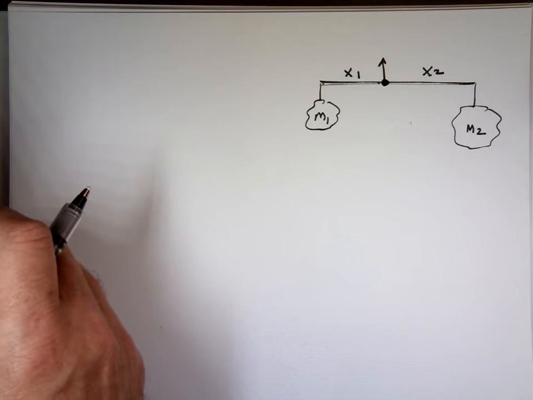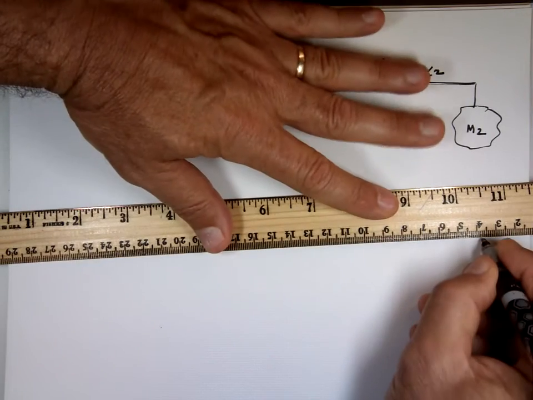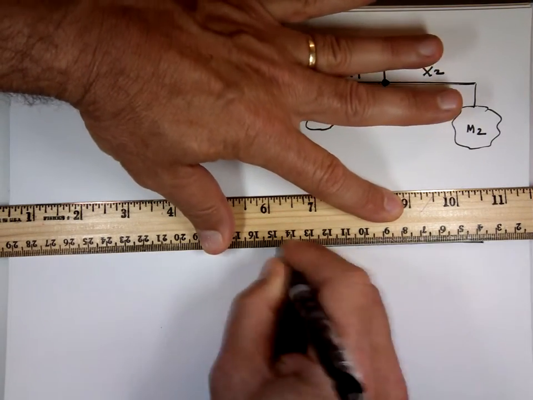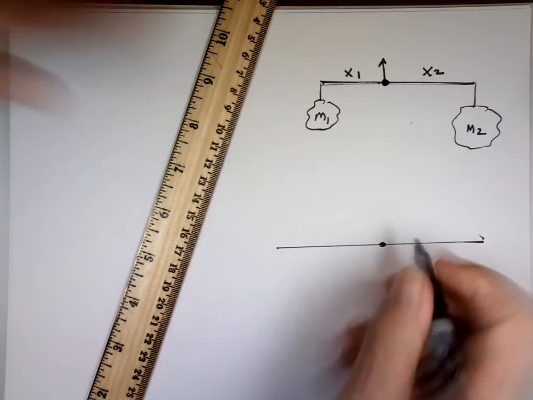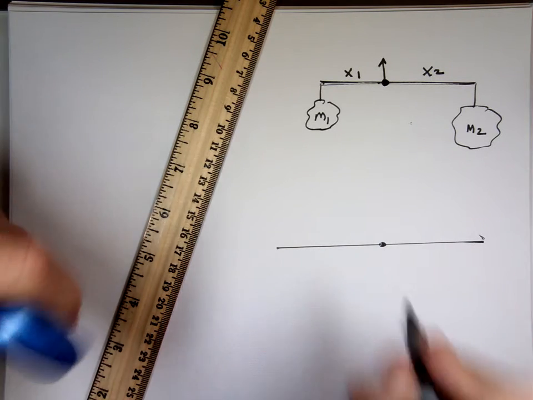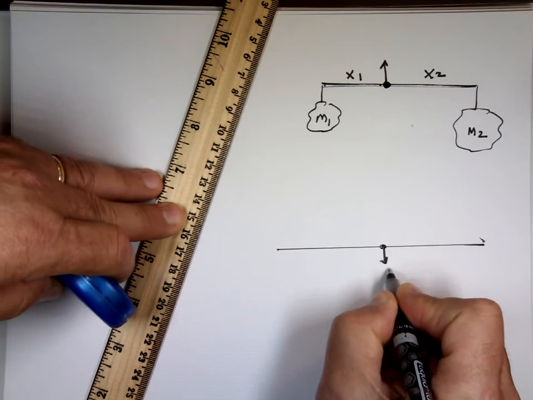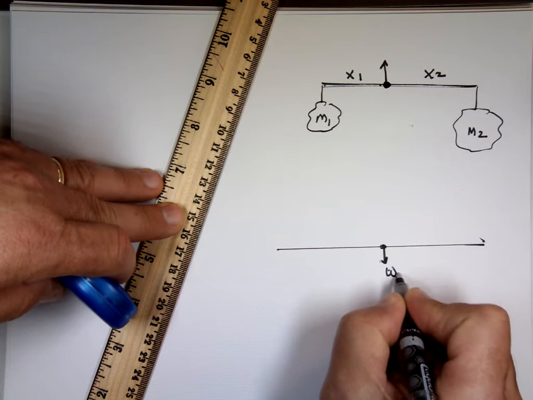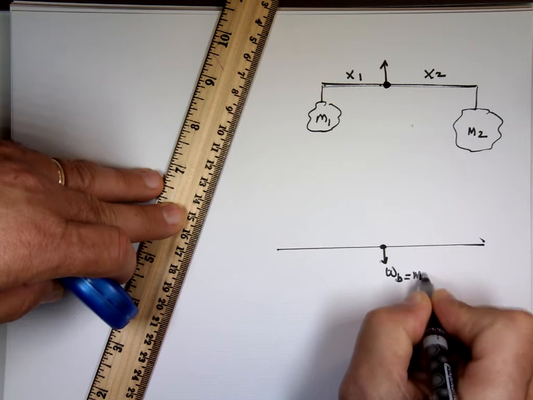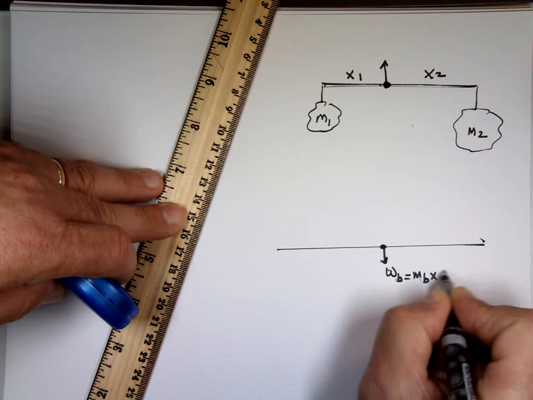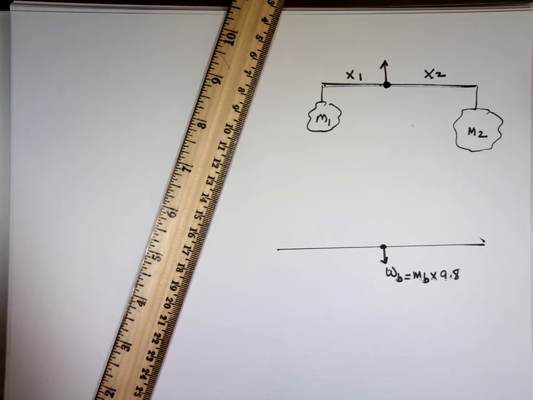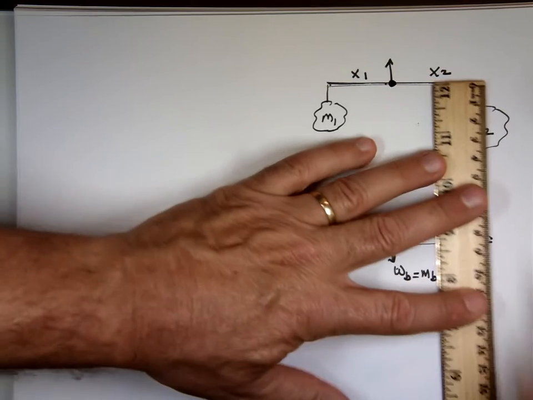So when you look at the beam itself, not in the middle here, I don't want to put it in the middle. Well, the beam itself has a mass, which has a weight. The weight of the beam is the mass of the beam times 9.8. You got the weight here.